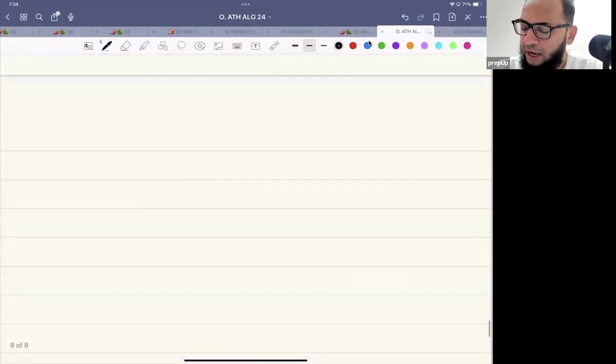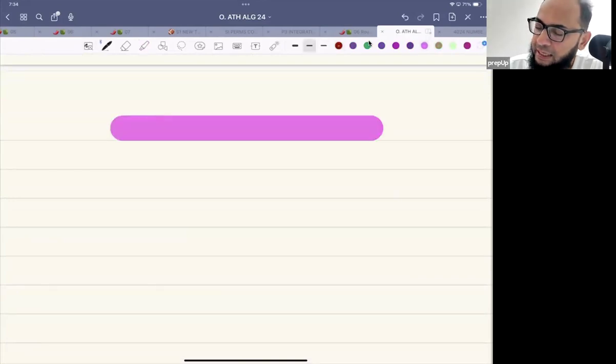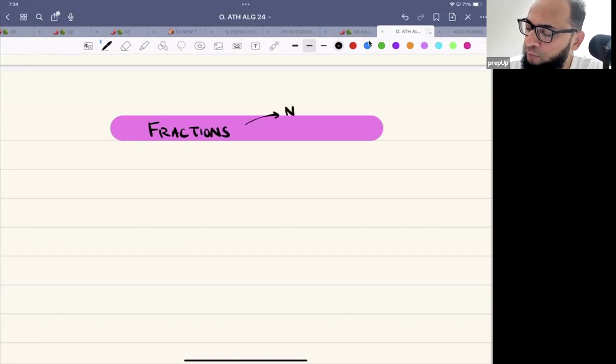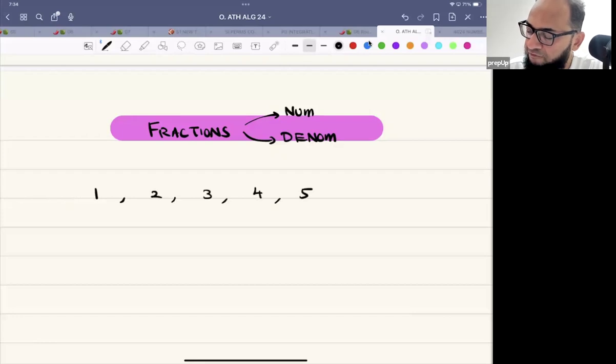Maybe it could so happen that we are dealing with some kind of fractions. So let's say we are dealing with fractions, and we know that a fraction is made up of a numerator and a denominator. So let's say I have a fraction like this. This is 1, and let me write 2, 3, 4, 5.